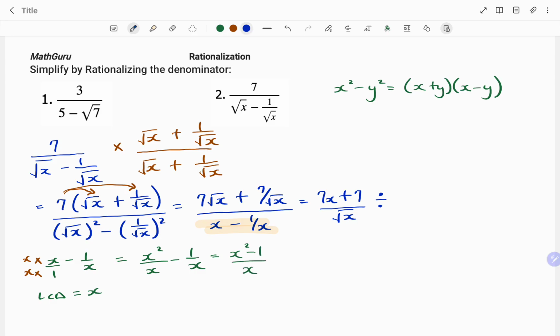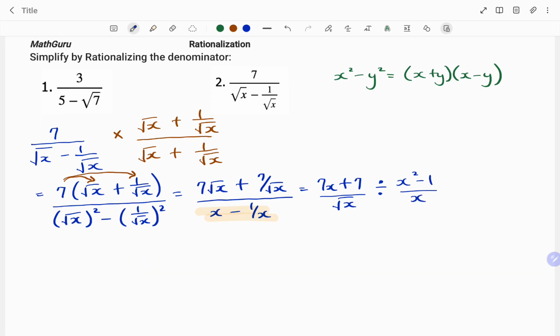So this is going to be my numerator divided by denominator. My denominator is now x squared minus 1 divided by x. And when dividing fractions, you keep the left term, that's 7x plus 7 divided by root of x, and then you flip the right-hand side, so that's going to be times x over x squared minus 1.